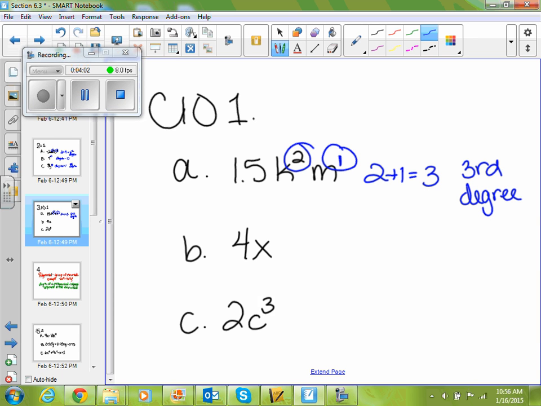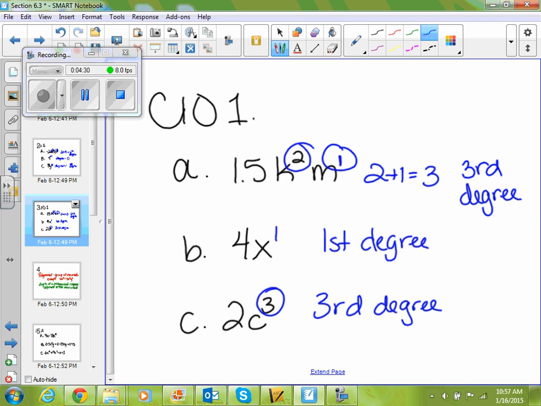If I look at part B, 4x, there is no number above this x, but that means there's a 1 above the x. So this would be a first degree monomial because the degree is equal to 1. And then on part C, 2c cubed. This has an exponent of 3, so we would call this a third degree monomial because of the exponent of 3.